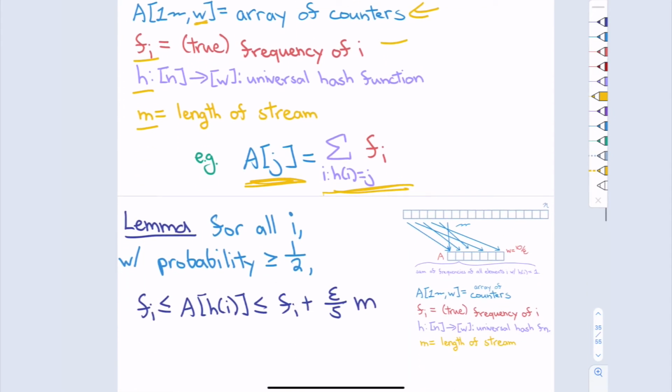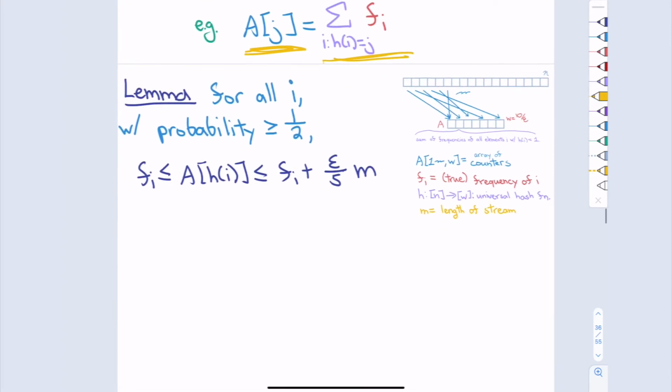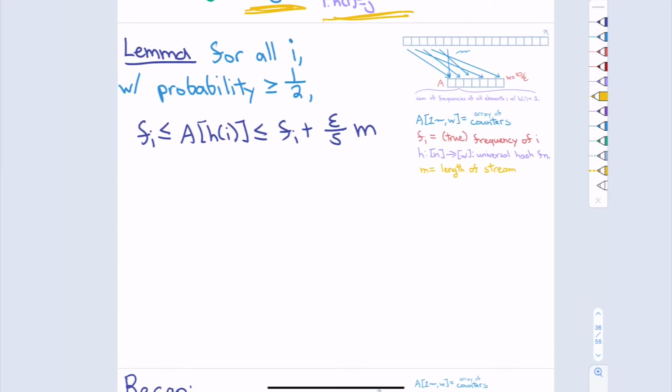I think I have it on the right-hand side. Okay, so here then is the key analysis for us. We're going to look at a particular element I. And that means this is my estimate, right? A of h of I is my estimate for the frequency of element I. As we've already established, this will always be at least as big as the actual frequency of I because it's only throwing in some other counts.